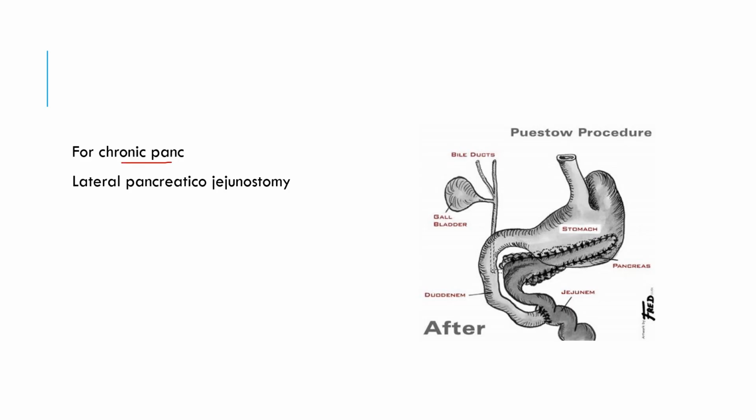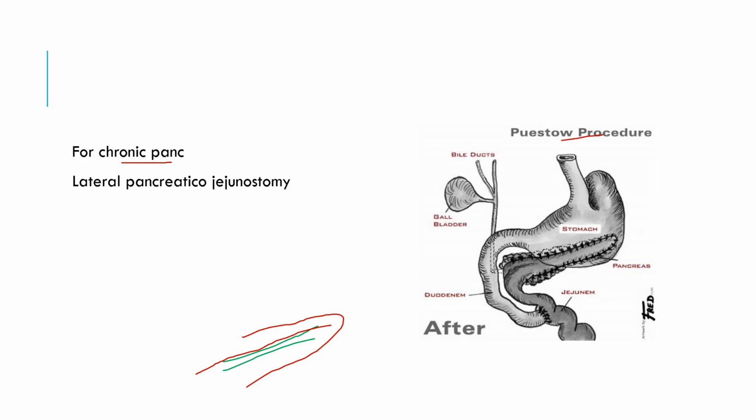For chronic pancreatitis, there is a surgical procedure called the Puestow procedure. So what is the Puestow procedure? There is your pancreas. What you're doing is you're opening the main duct of the pancreas, cutting it open all through the length, and you are cutting off the jejunum like you would do in a Roux-en-Y.